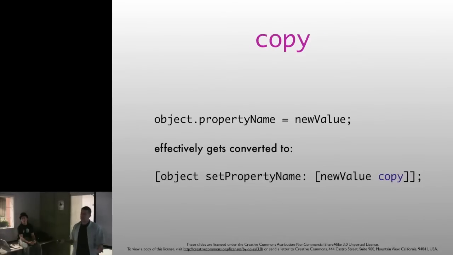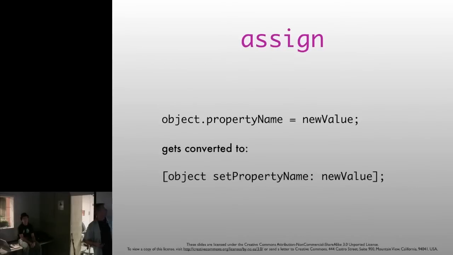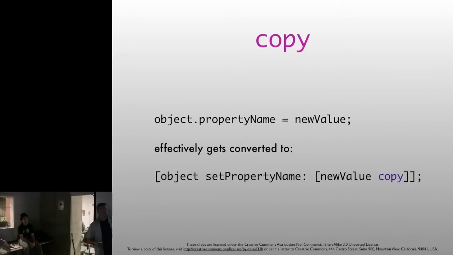Copy is really straightforward too, and follows the same rules. Object.property_name equals new value. You'll notice the syntax looks the same across all three; it's what it converts to that is important. Object setPropertyName, new value copy. You get the copy of the value's object back, and we set the property name to that new copy's pointer value.